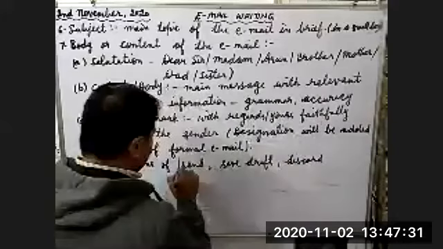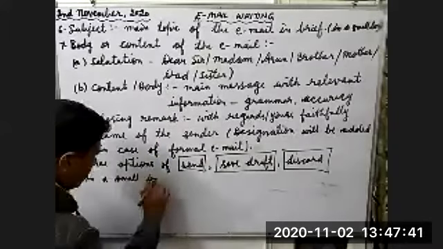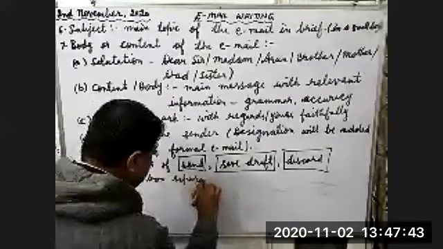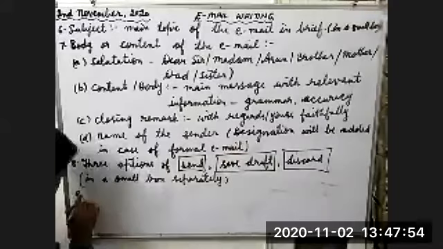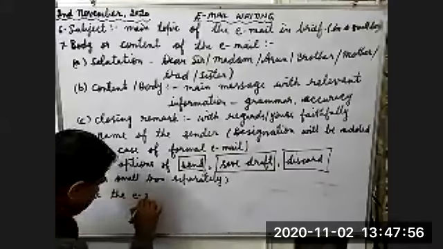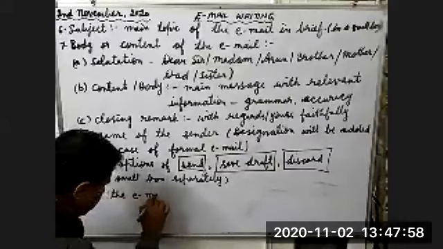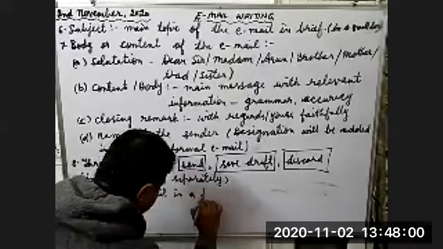These three options will be in small boxes, separately. So these are the options which are given to us. And the last point is put the email in a box.